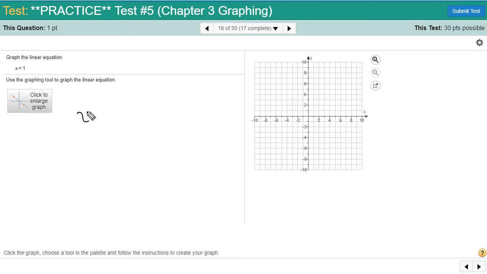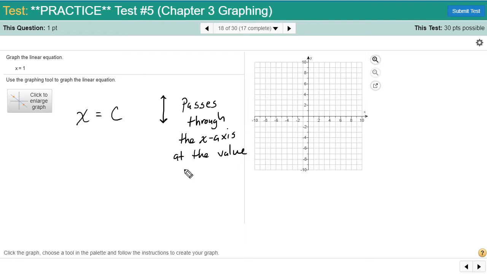So if you have some equation, x equals some value, and let's call that value c, that's automatically going to be a vertical line that passes through the x-axis at the value of c, so whatever c is.